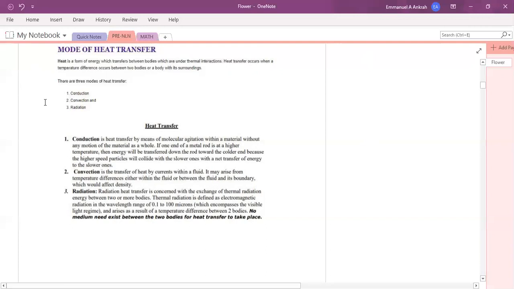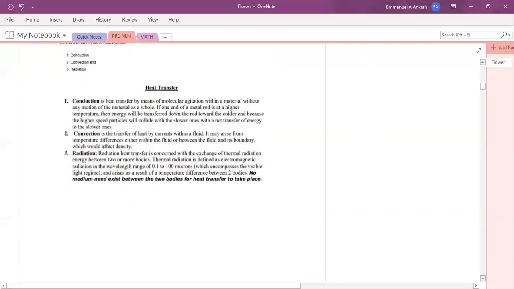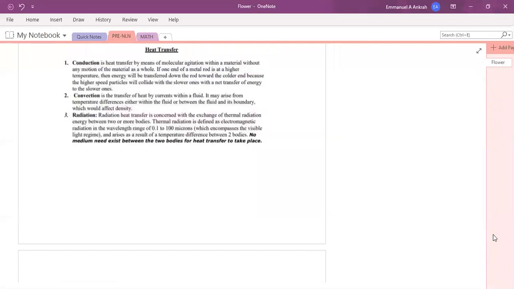So what is conduction? Let's look at that now.